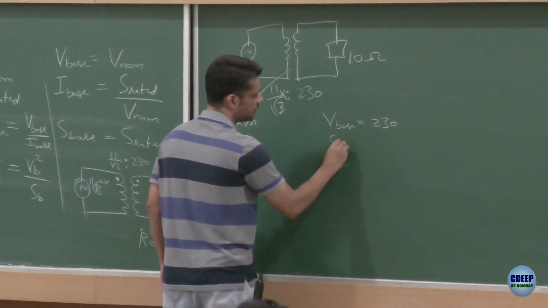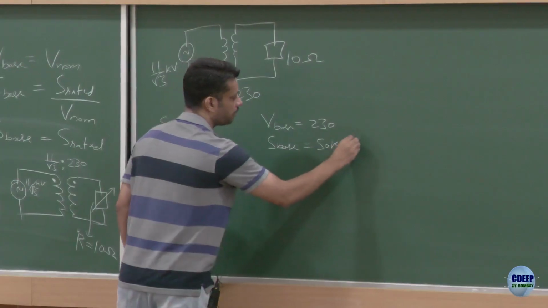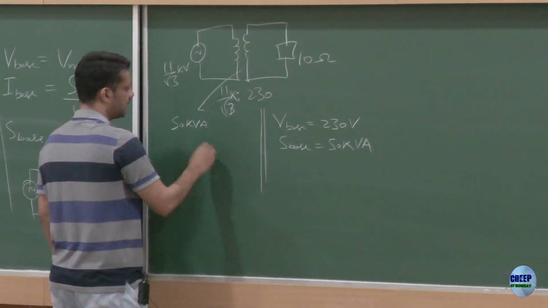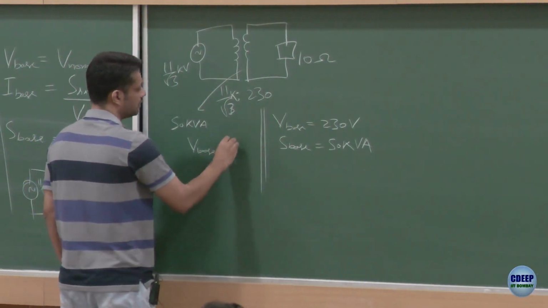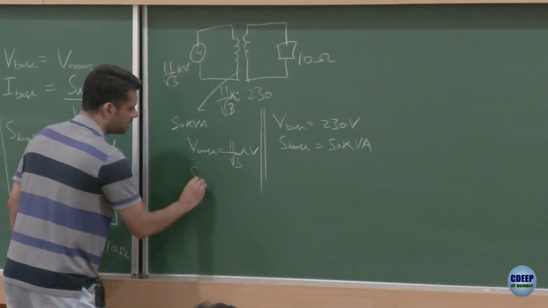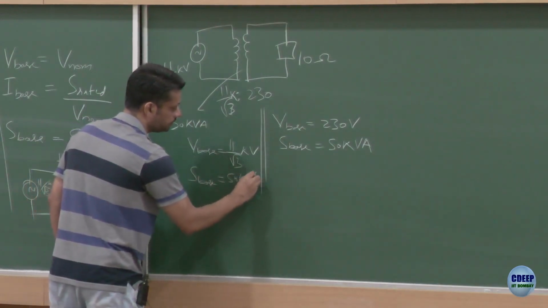So the S base is 50 kVA on the right side, and on the left side you have V base as 11 by root 3 kV and S base is the same 50 kVA.